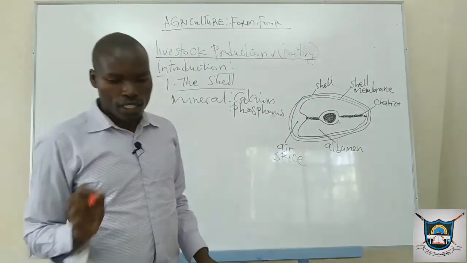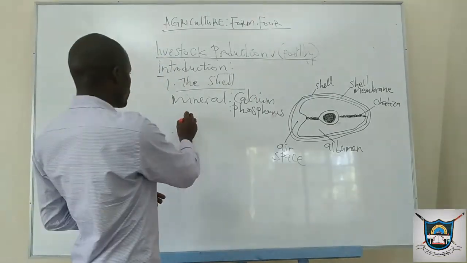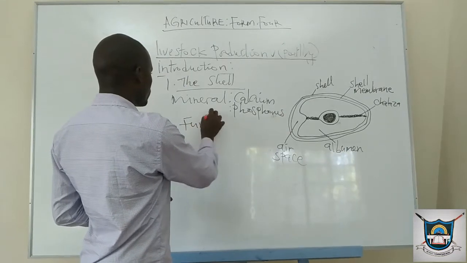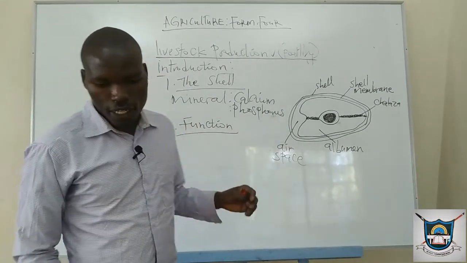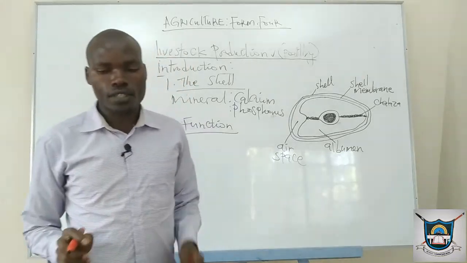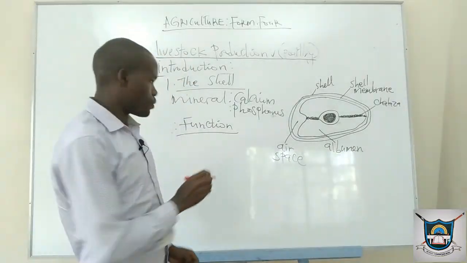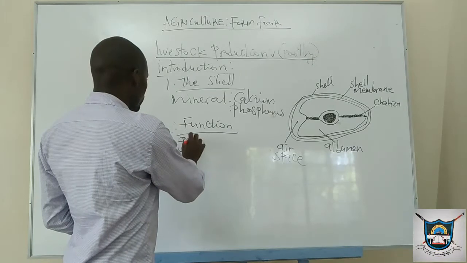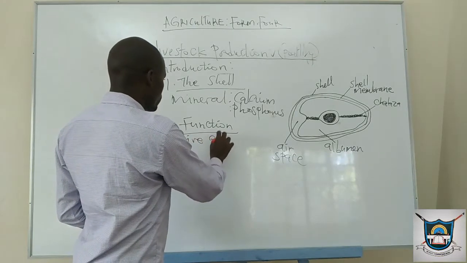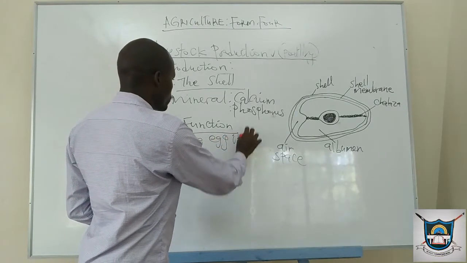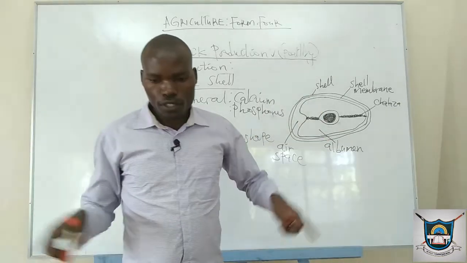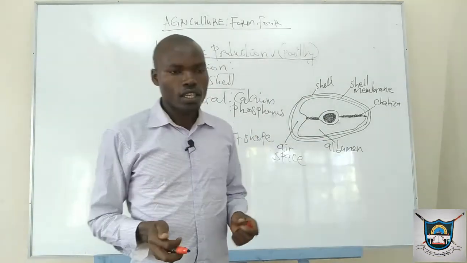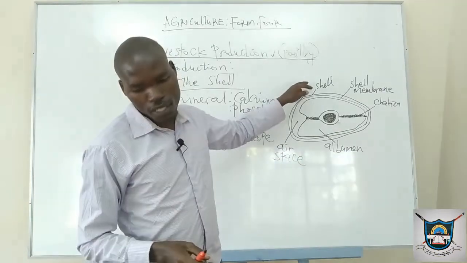Now we look at the functions of the shell. The shell of an egg serves various functions. One, it gives the egg its shape, that is the oval shape of the egg which you can see. It is because of the presence of the shell.